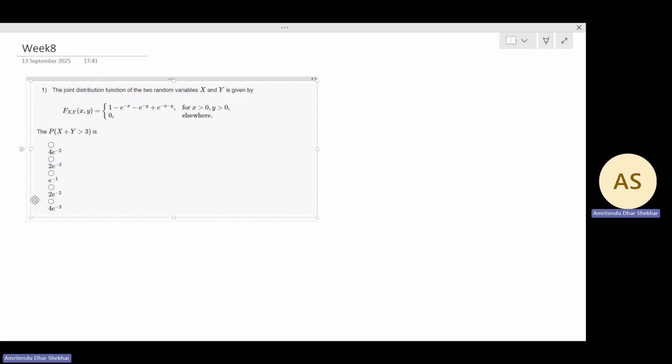The first problem is we're given a joint distribution of two random variables, and we want to compute the probability of a certain event. Now, in general, we are of course dealing with continuous random variables.